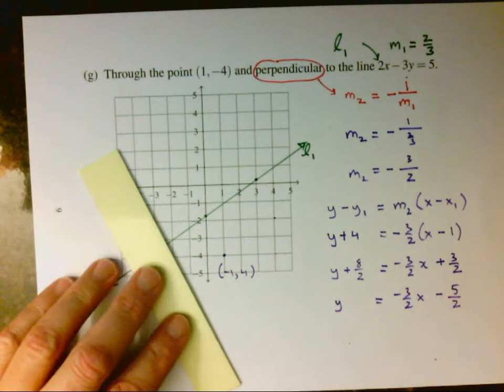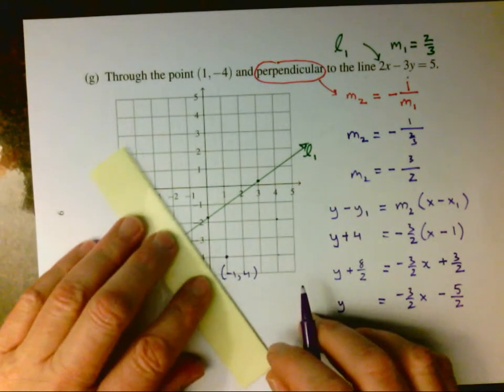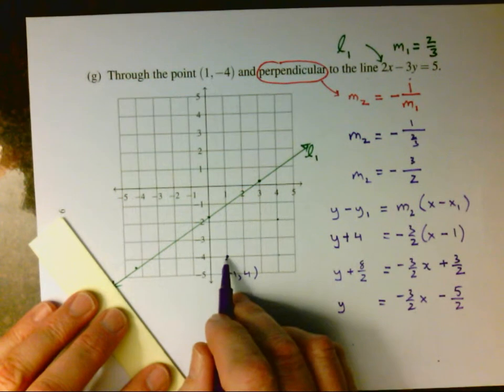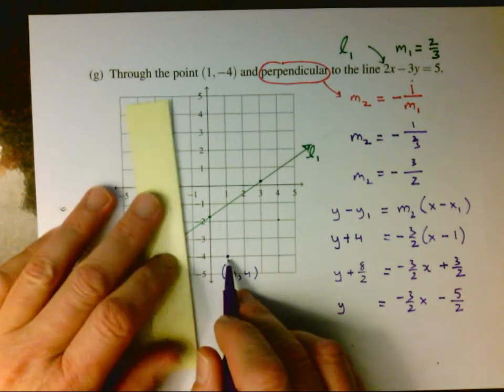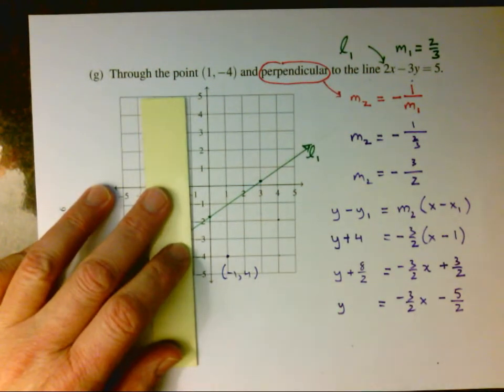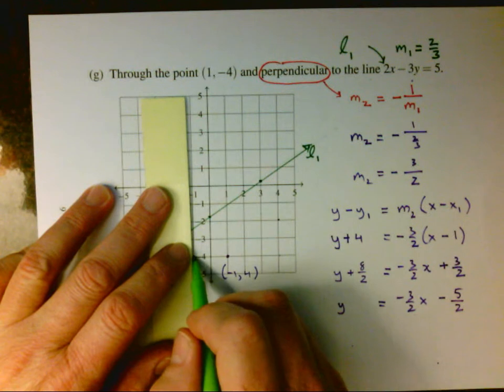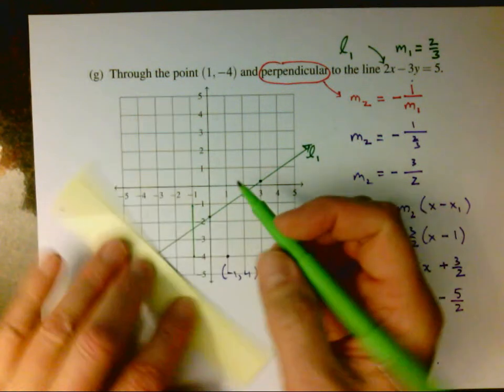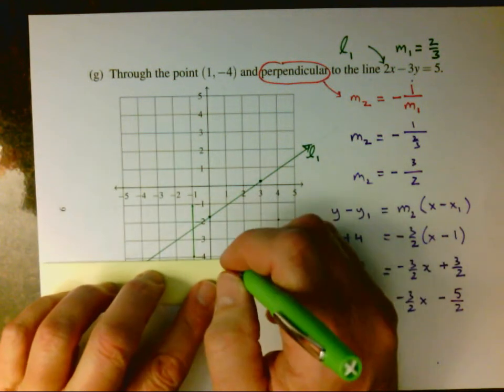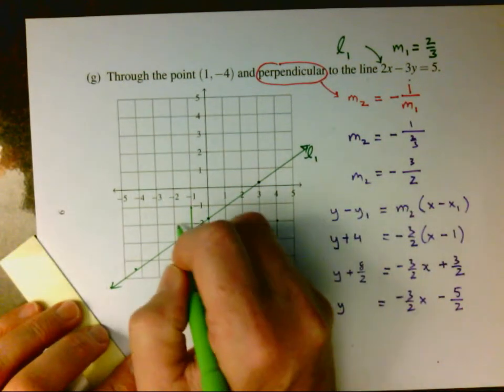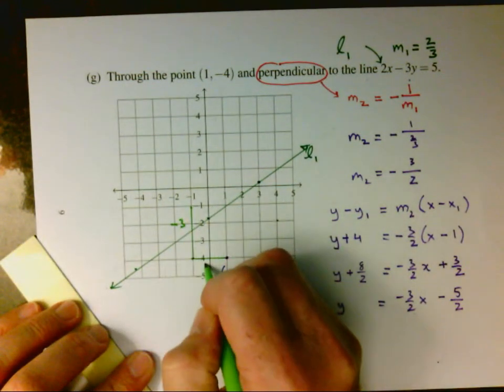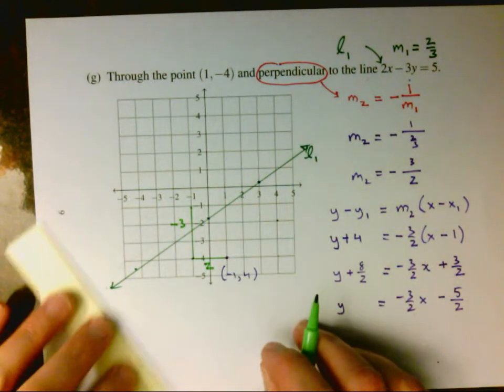Well, if I start here and I do a negative 3 halves slope, that means if I came over 2, then I came down 3. So I have this slope triangle. So negative 3, 2.